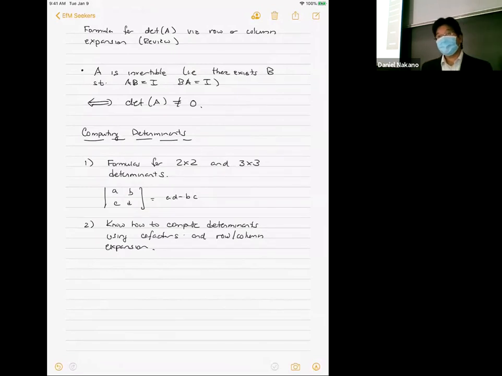You can take a matrix, you can go along any row or any column, and then you can expand using the row entries or the column entries with their cofactors and compute the determinant that way.